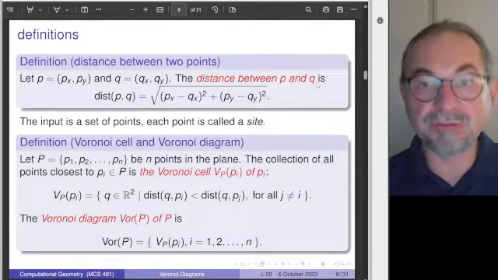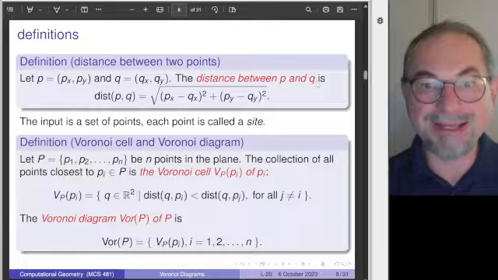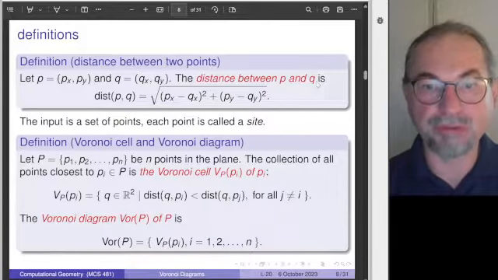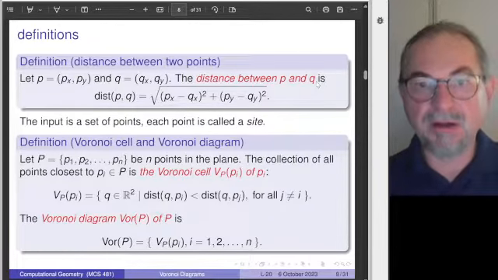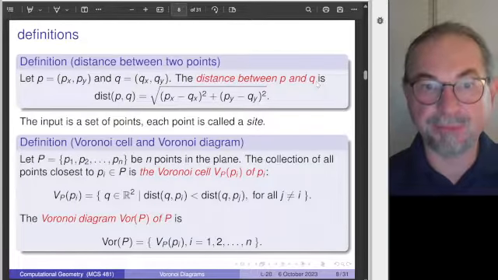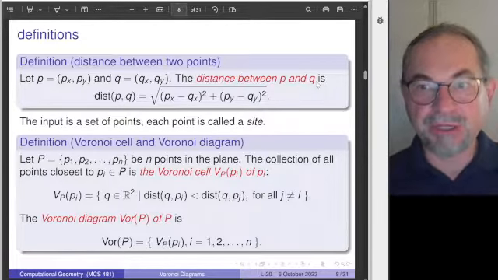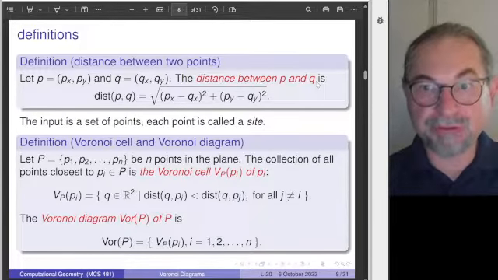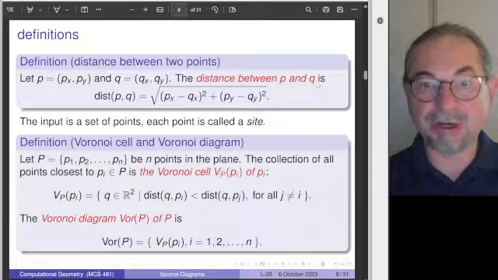Well, a Voronoi diagram is a collection of Voronoi cells. And a Voronoi cell is computed from the input. So we have given endpoints in the plane. For each point in the input, we compute the collection of points, so the Voronoi cells, that are closest to that point.